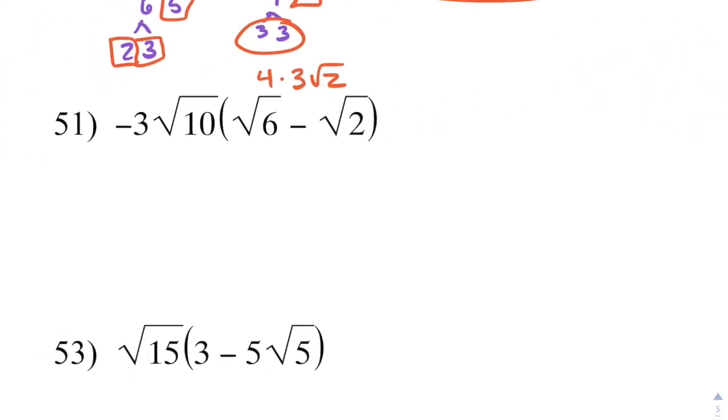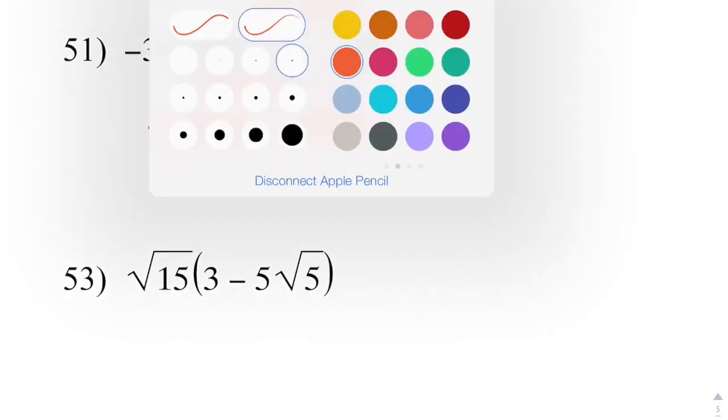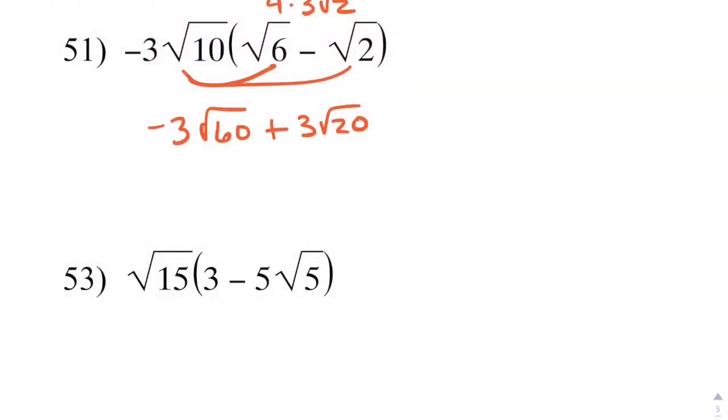Okay, this one, we have negative 3 square root of 60, and we have plus 3 square root of 20. I'm going to use my perfect square here instead of using my factor tree. I get 4 times 15 is 60. I get 4 times 5 is 20.